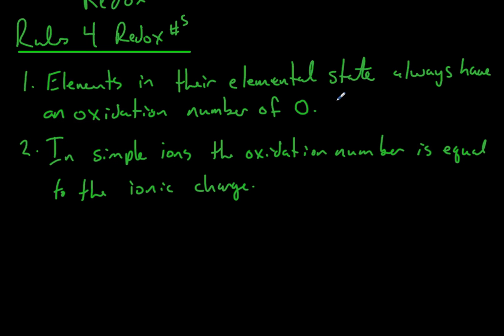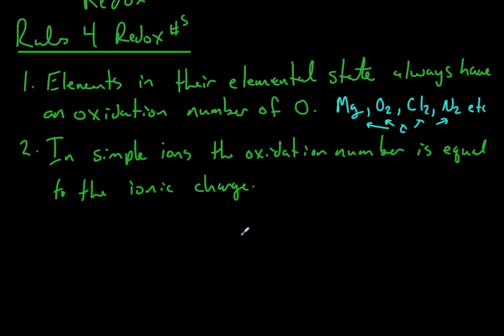So here, magnesium, O2, Cl2, N2, etc., all of these have oxidation numbers of 0. Okay?